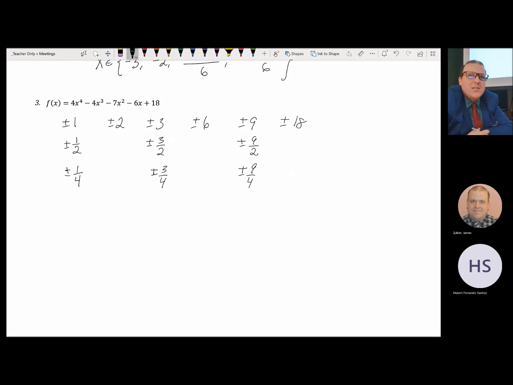There is a list of all the possible rational zeros. Divide everything in the first row by 4. And I'm not listing out repeats.